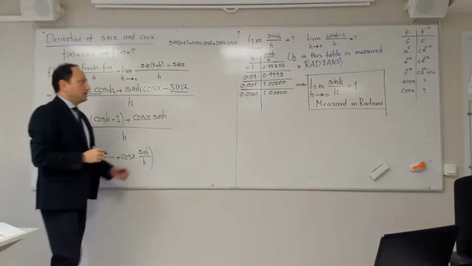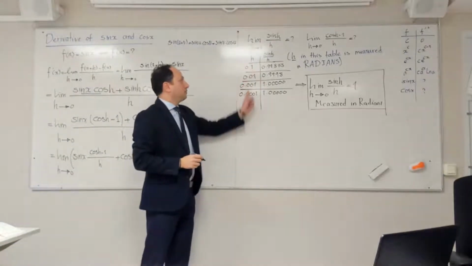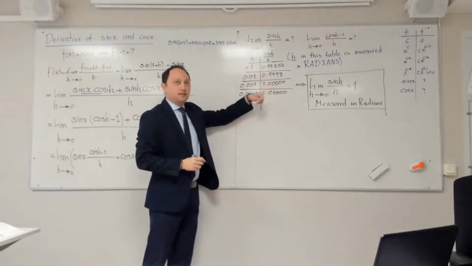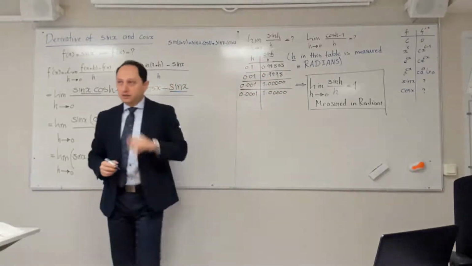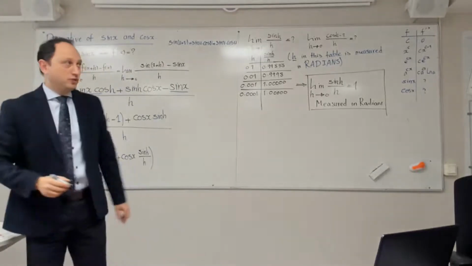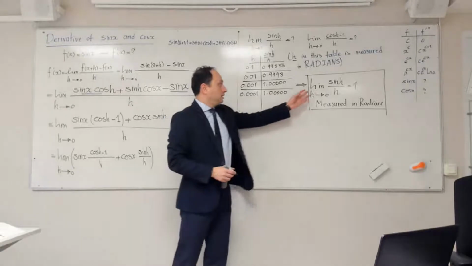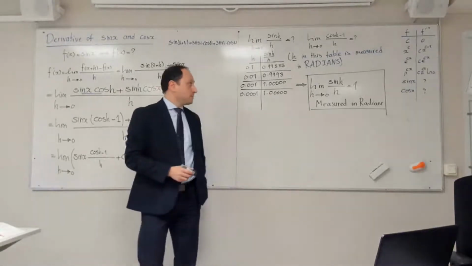If you do the same calculation and switch your calculator to the degree mode, the number that you see this is approaching is not 1. That is a problem in the book. I don't want to spoil it right now. I want you to think about it yourself. Okay, so that is the limit.